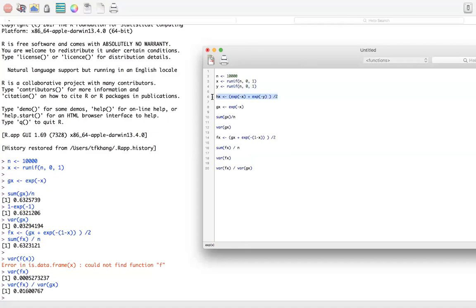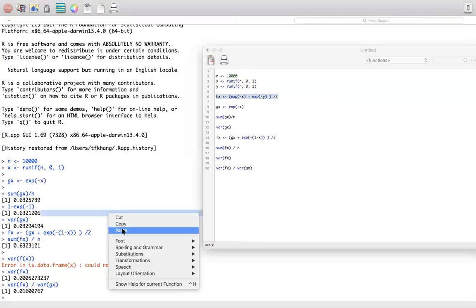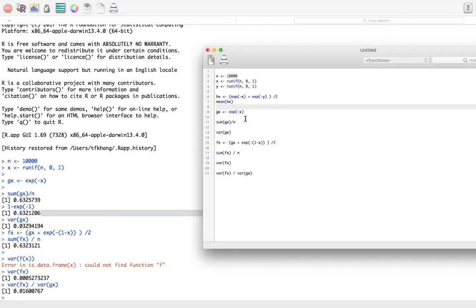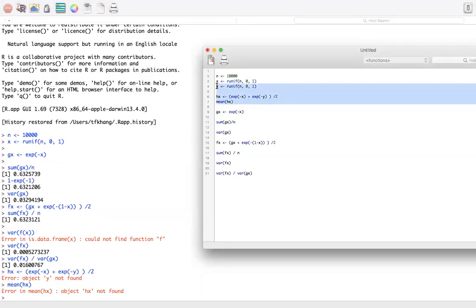So if you take this part and run this, in fact, you can actually just do mean of h of x. It's the same as sum and divide by n. Oh, I haven't simulated y. Never mind.